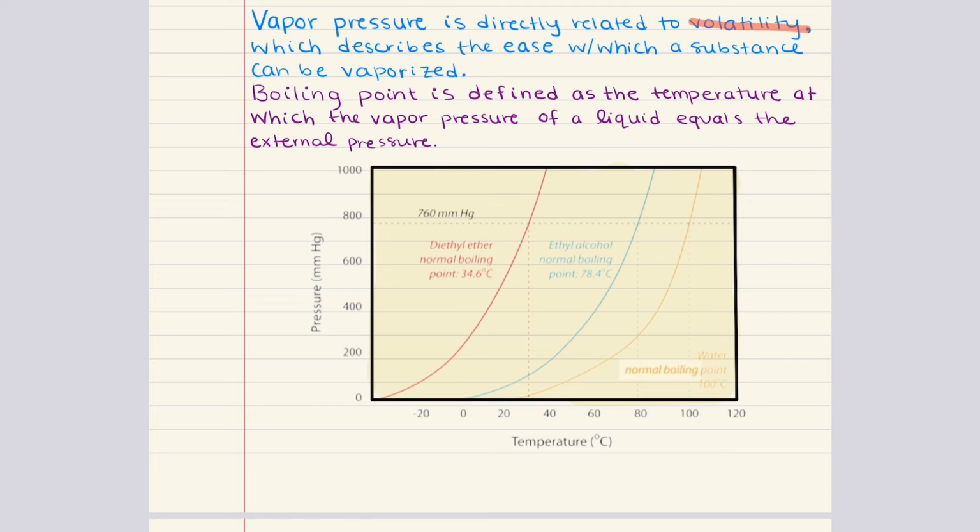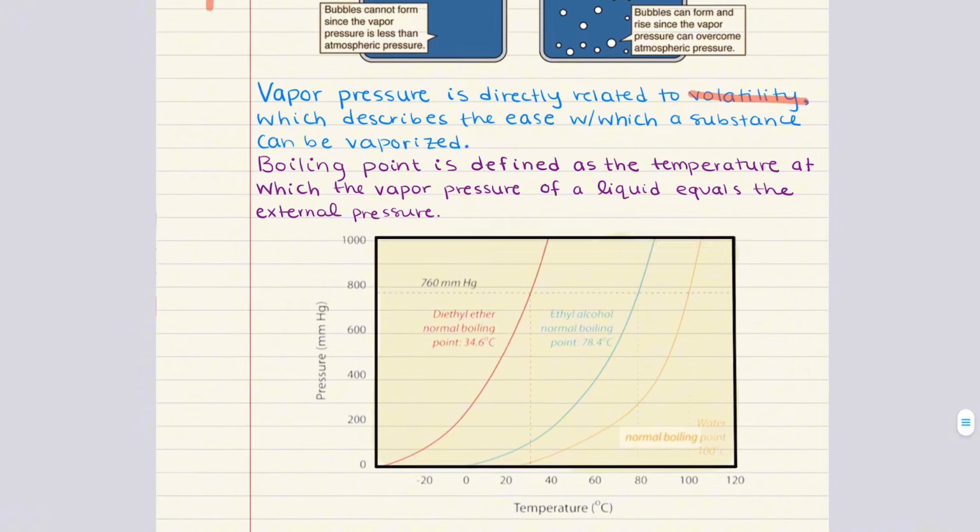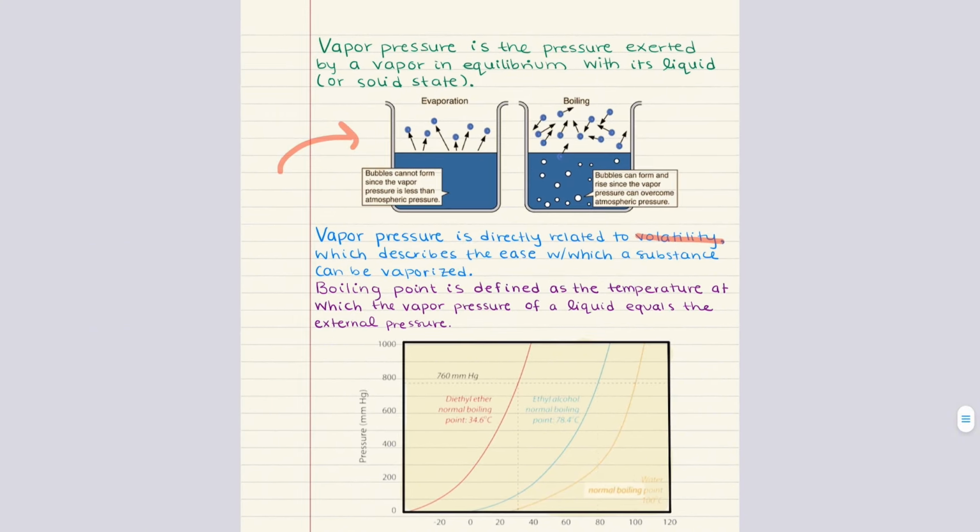On the other hand, increasing the external pressure raises the boiling point, allowing the liquid to reach higher temperatures before that liquid boils.